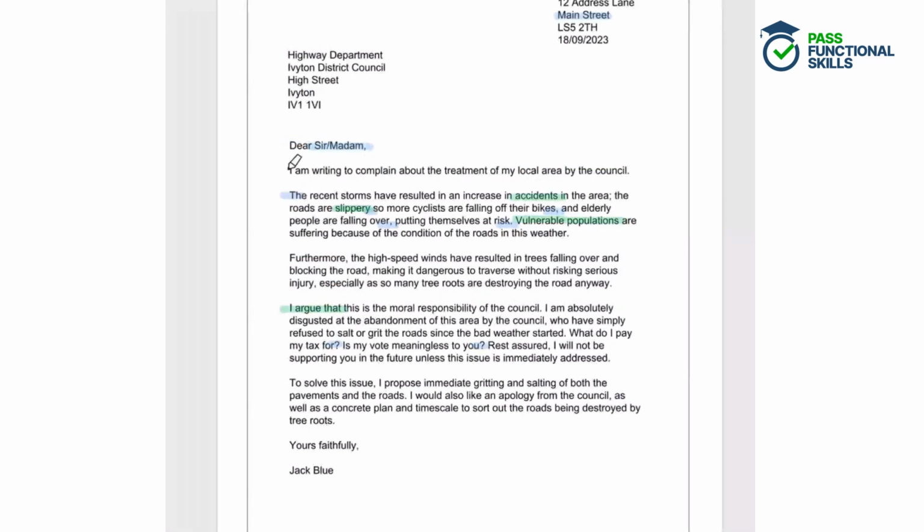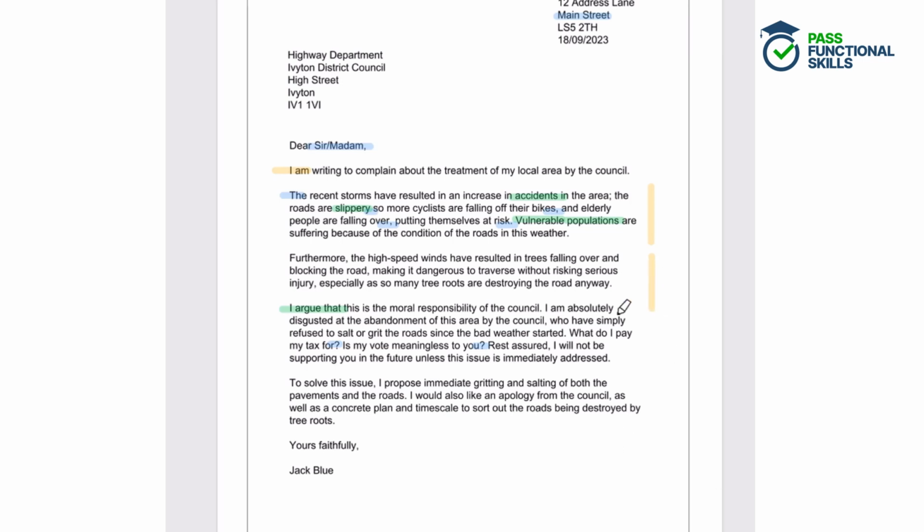So in this first part here, they've explained that they are writing to complain about this local area and what the issues are. And then they have explained the issues. So they've said what has been happening and how the local populations have been affected by these problems. We've got a few more details about that in the following paragraph.